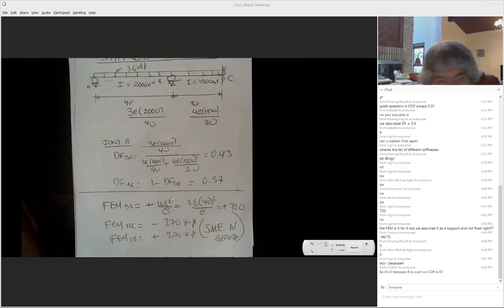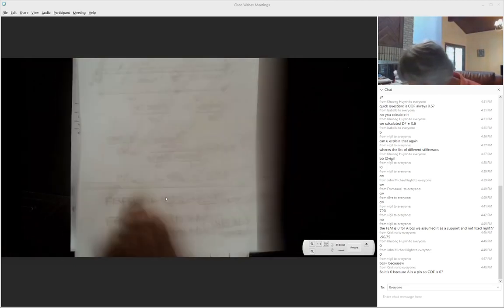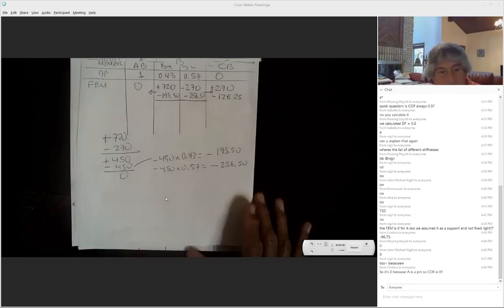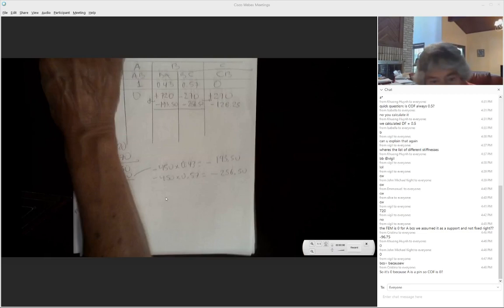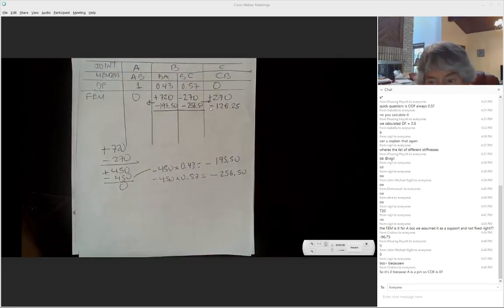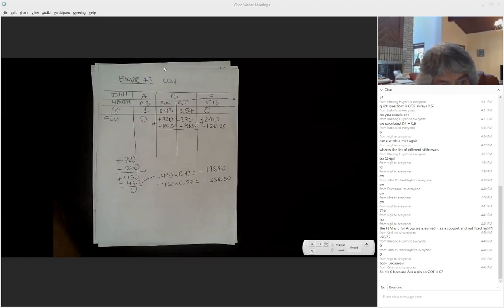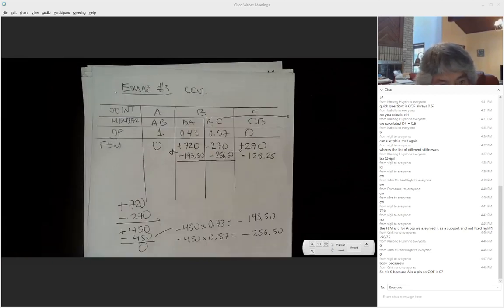So we got to this point. This is 0, this is balanced, this is always an equilibrium.